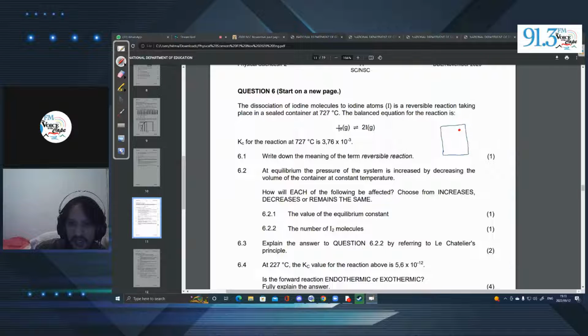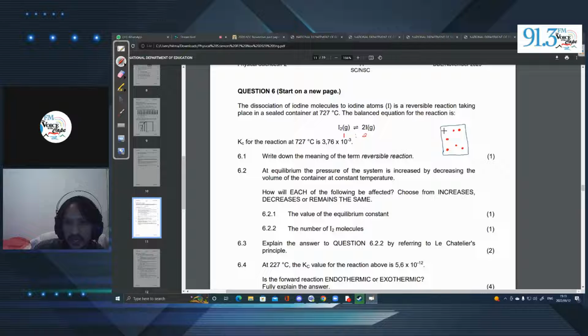We can see the ratio is 1:2, right? For every one molecule of iodine, there are 2 atoms of iodine. So this is my iodine in the red: 1, 2, 3, 4, 5, 6. Let's say we have 6 iodine molecules.